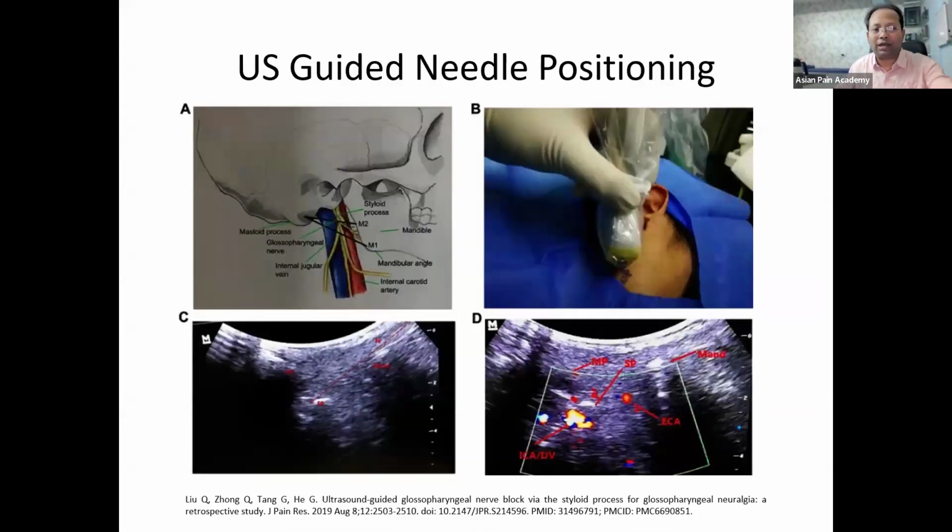And another thing is, while entering the needle, you must see at what depth this carotid artery is there. Okay, so if you do not find the styloid process, you cannot go on going deeper and deeper.